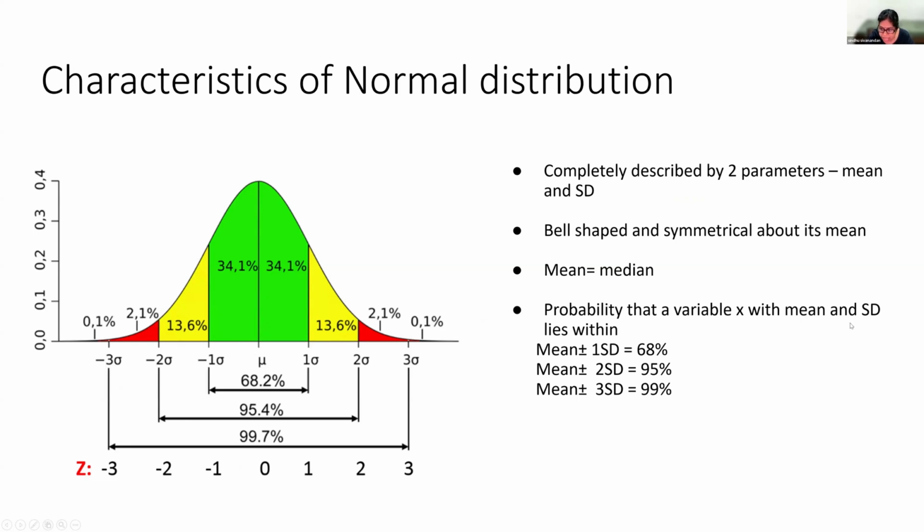So when you know the standard deviation, we can say that 68% of all data points are going to lie between -1 and +1 standard deviation. 95% of all the data points will lie between -2 and +2 standard deviation. Within 3 standard deviations, almost all data points would lie.